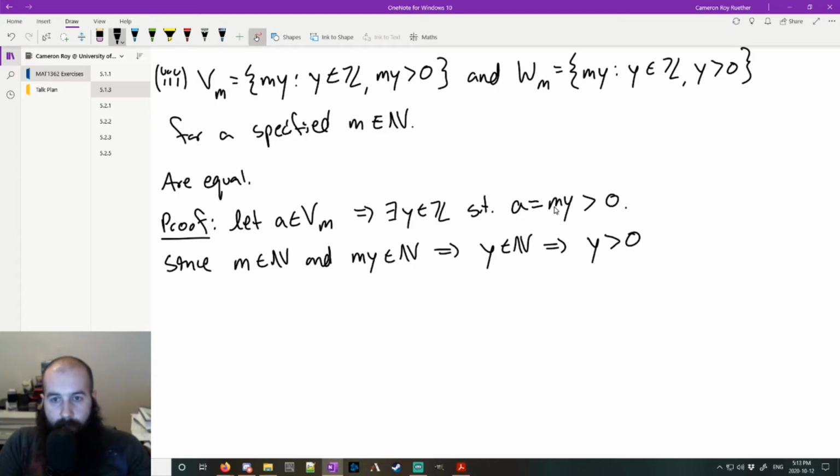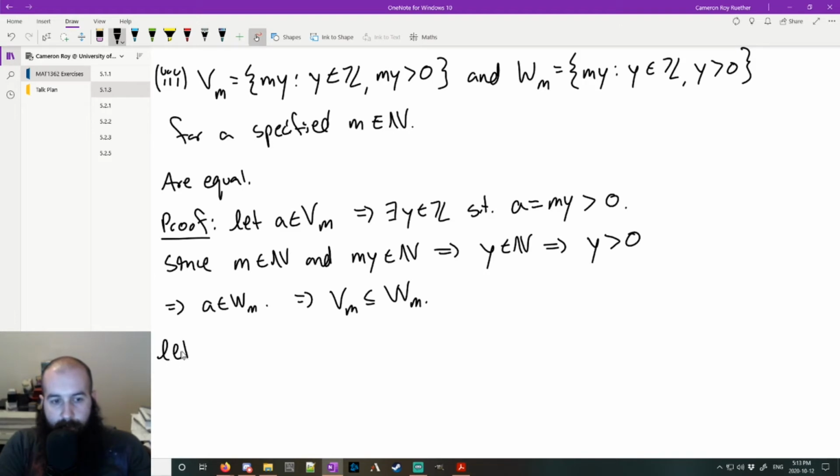So A is equal to m times y, where y is an integer greater than 0. This means that A is in Wm. Therefore, since A was a generic element of Vm, and it must be in Wm, Vm is a subset of Wm.